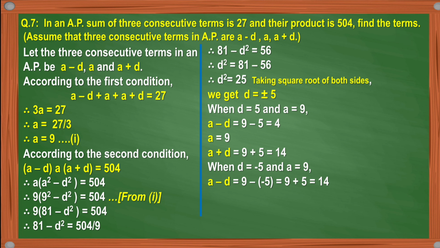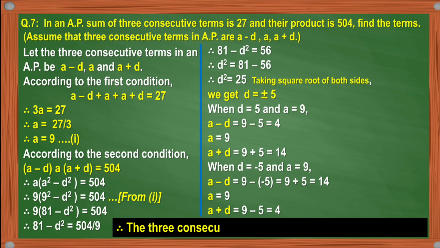So 9 plus 5 equals 14. a equals 9 as it is. a plus d, 9 minus 5, equals 4. So we have two sequences here, when d is positive and when d is negative. So the 3 consecutive terms are 4, 9, 14 and 14, 9, 4.